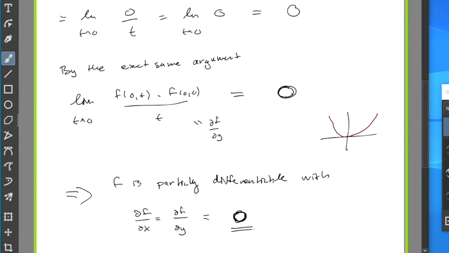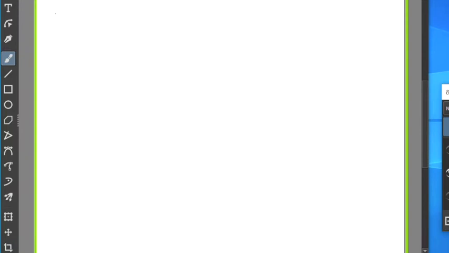Okay. There does not seem to be any comments or questions, so we're going to move on to the B task. Oh, there is. It's always okay to use the definition for showing differentiability.